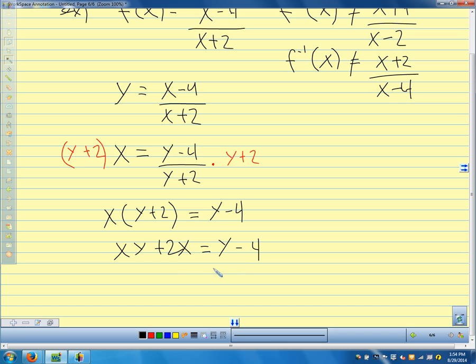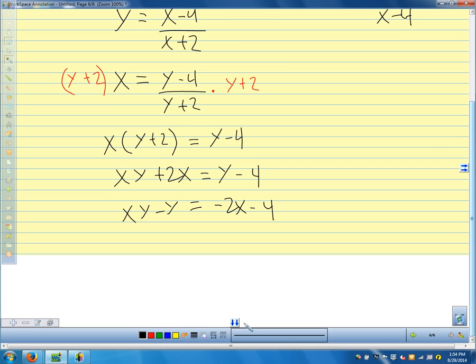So I subtract y from both sides. Sorry, I don't want to subtract 4, I want to subtract 2x from both sides. So I get xy minus y equals minus 2x minus 4. I subtracted y from this side and this side, and I subtracted 2x from this side and this side.